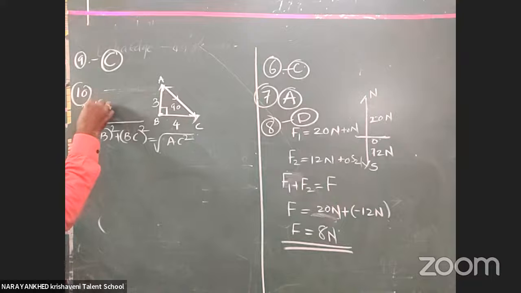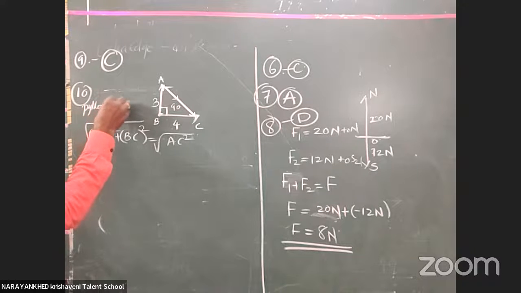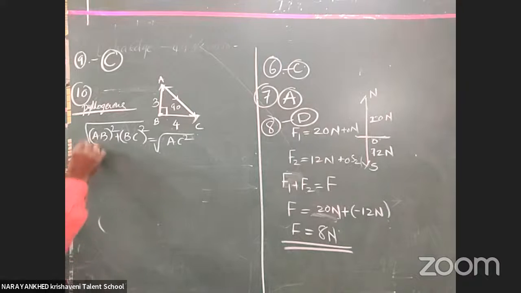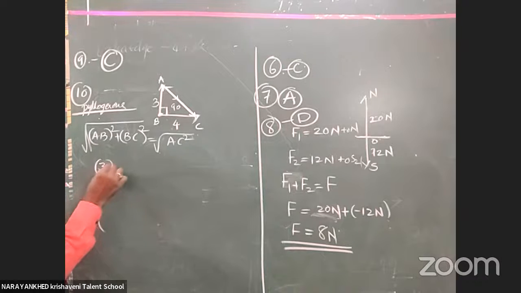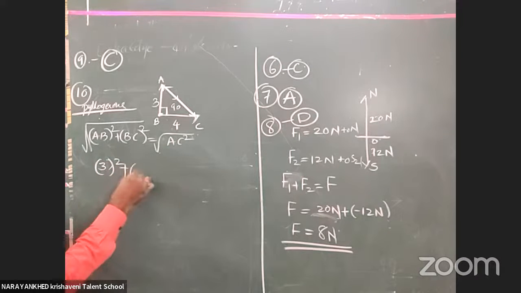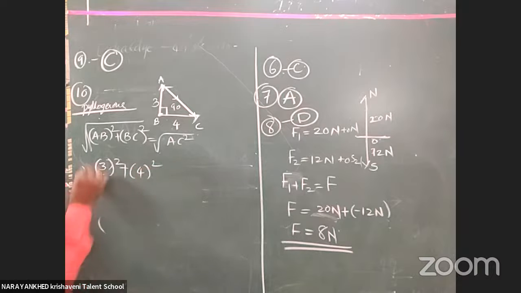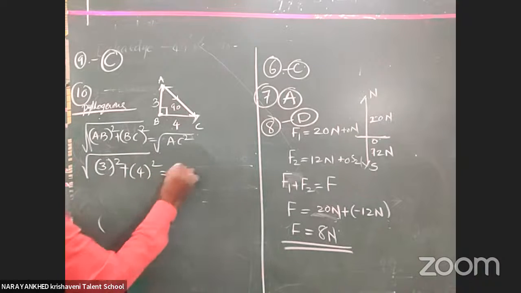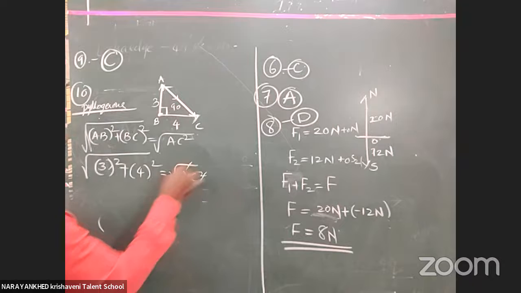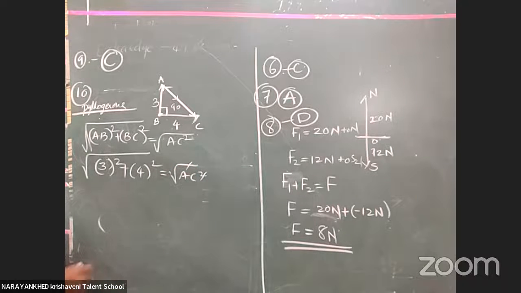This is for a right angle triangle. Automatically it becomes the square root of 3 square plus 4 square, equal to the square root of AC square. This one and this one cancel. Here the resultant is AC.